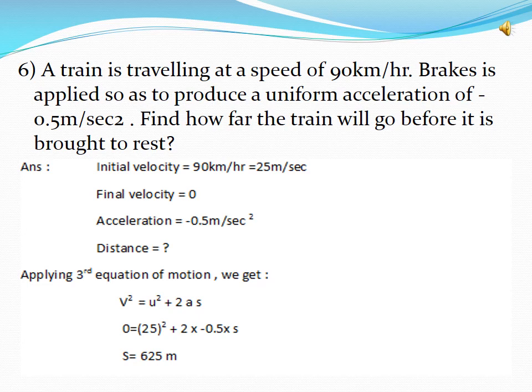We get v square is equal to u square plus 2as. Substituting the values of v, u and a, we get 0 is equal to 25 square plus 2 into minus 0.5 into s. Then s is equal to 625 meter.